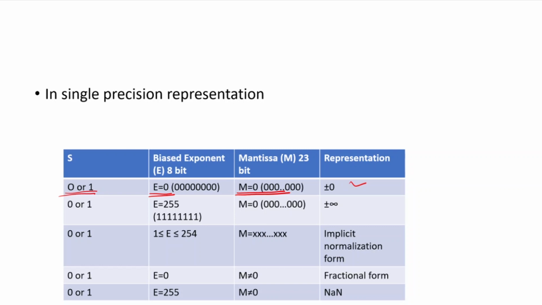In case of plus 0, all the mantissa bits are 0, all 8 biased exponent bits are 0, and when the sign bit value is 0, this represents plus 0, and when the sign bit value is 1, this represents minus 0. Similarly, what happens when all the exponent bits are 1 1 1 and mantissa bits are 0 0 0?